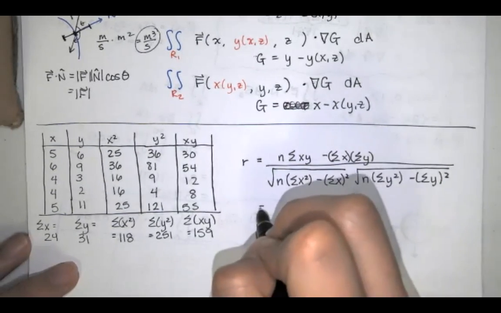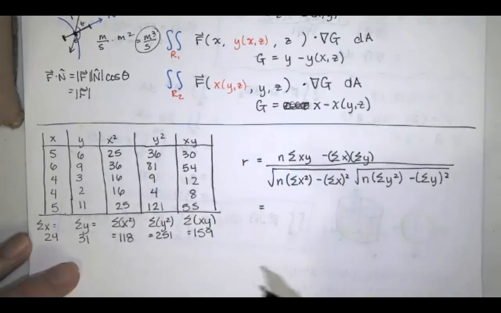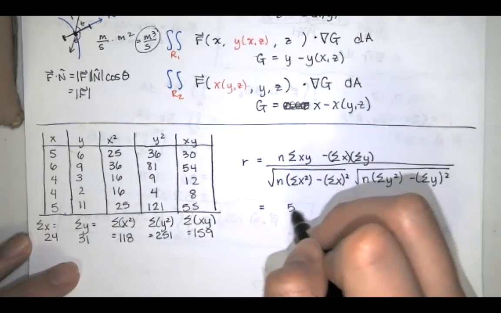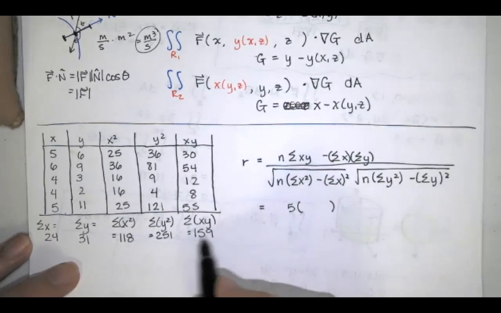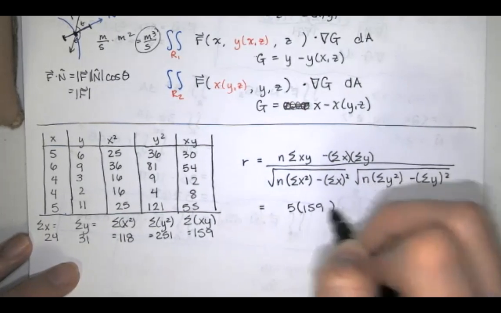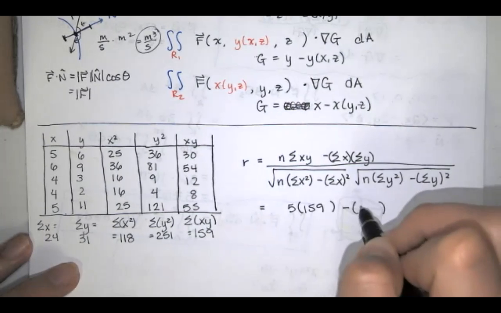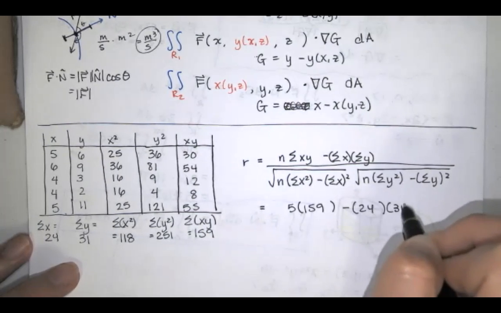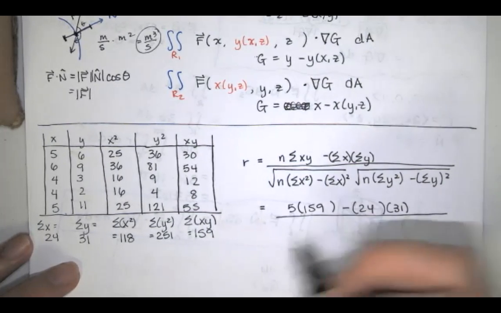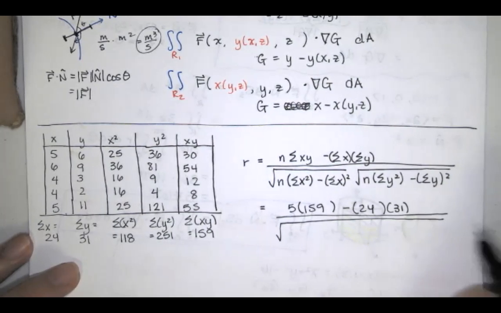Sample size is 5. That's the number of ordered pairs we have. So we'll have 5 times the sum of the x's times y's, which is 159, minus the sum of the x's, which is 24, times the sum of the y's, which is 31, all divided by this.